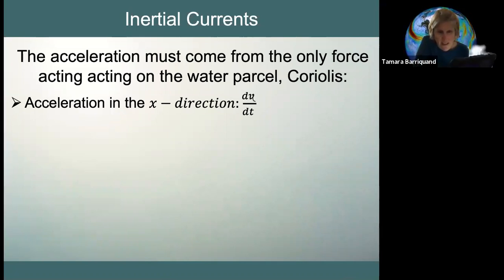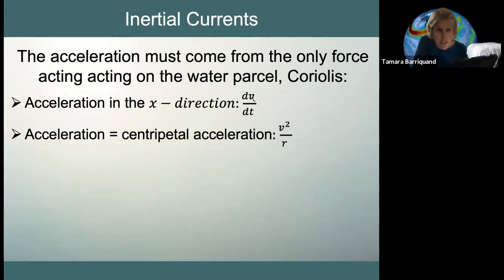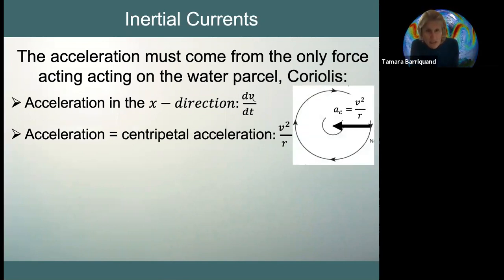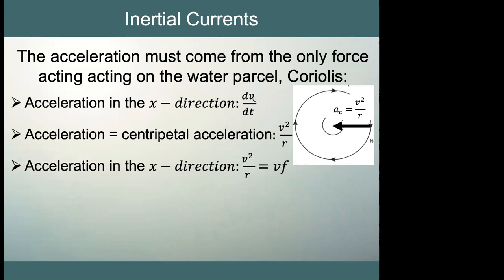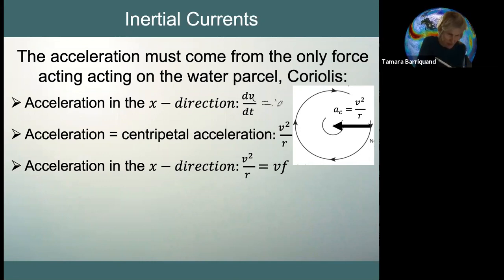And the acceleration in the x direction is du dt. And the centripetal acceleration is v squared over r. And so we know that the acceleration in the x direction is v squared over r, and that must be equal to v times f, because this is equal to our Coriolis, which is v times f, and we're doing it in the x direction.